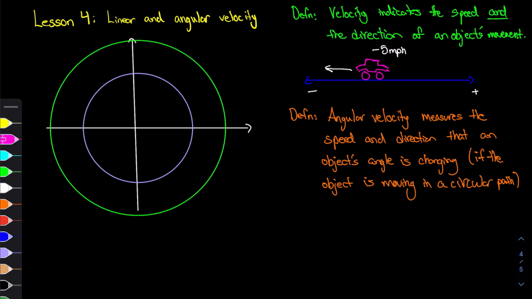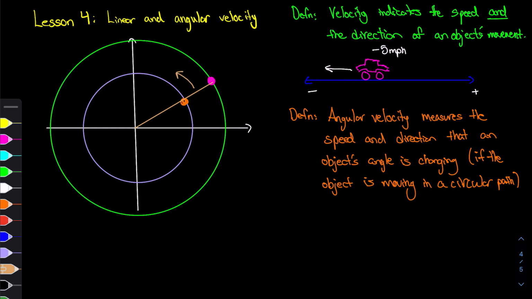I have one car on the green circle and one car on the purple circle, and they are both lined up from the center. Did I do that right? Close enough. And let's say both of the cars are moving in this direction.